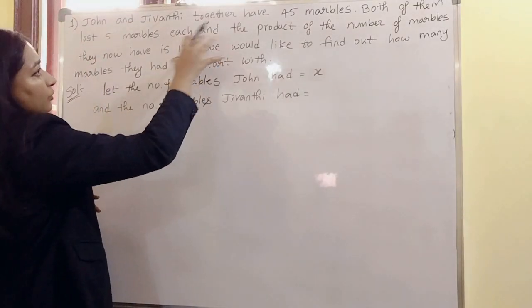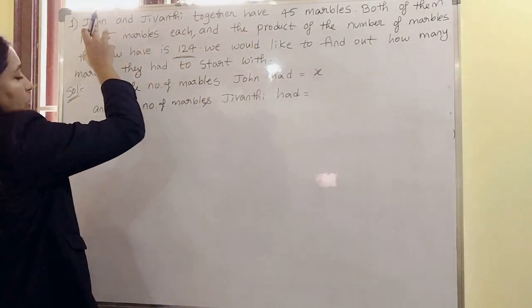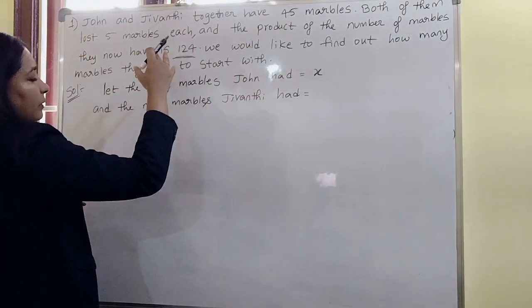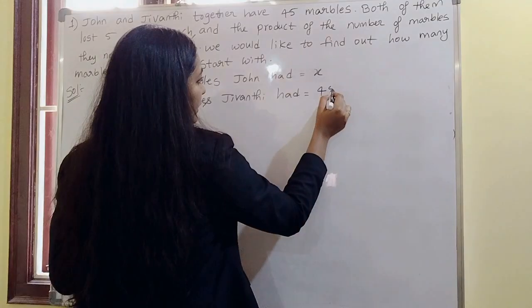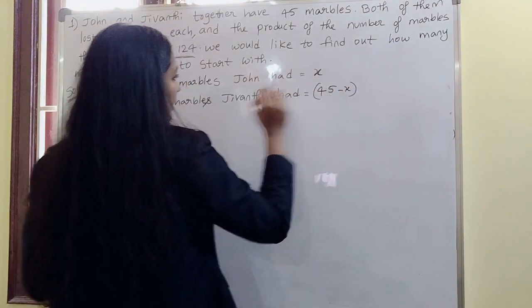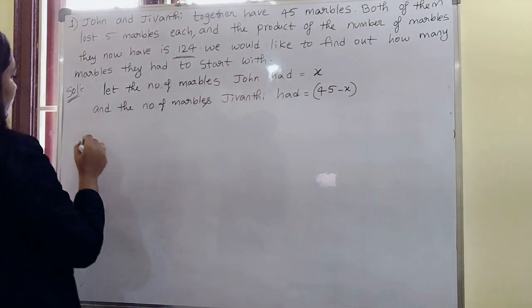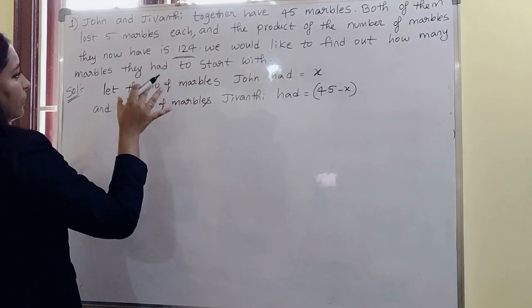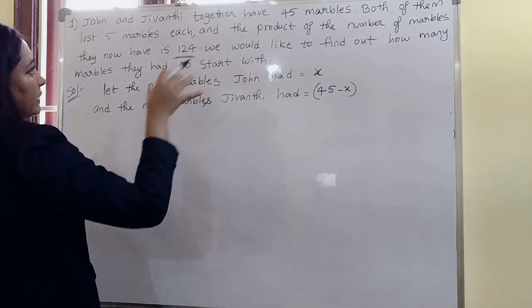So together 45 marbles. If John had x, then the remaining marbles would be 45 minus x. Is it clear? Yeah. Now after losing 5 marbles each, the product is given.